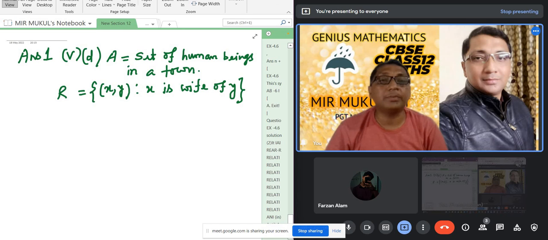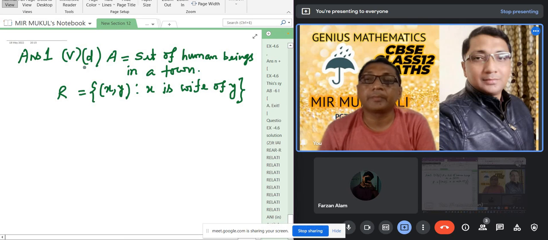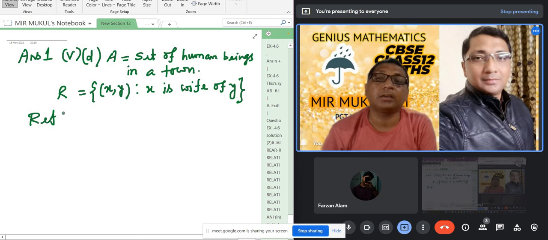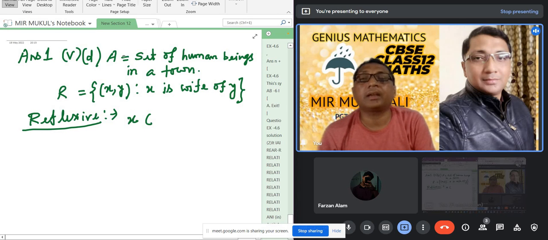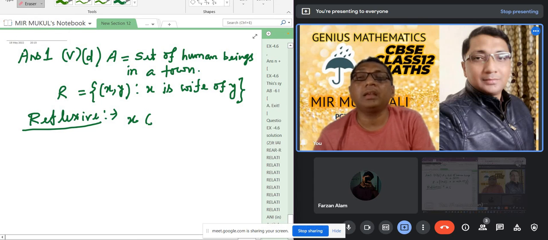Is it reflexive or not? If it is the same element, suppose X should not be wife of X, is it possible? If you are checking whether it is reflexive or not, take A belongs to the set A. Any symbol you can give, there are no boundaries.